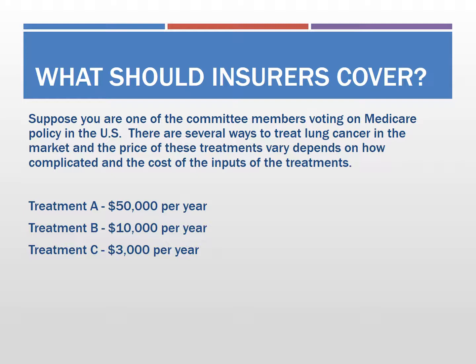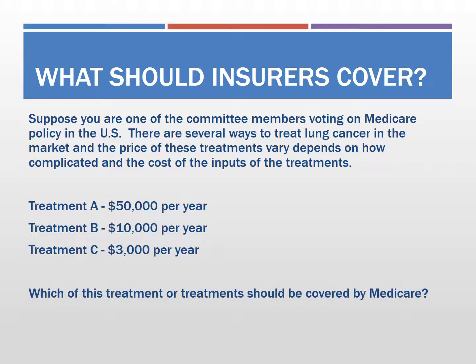Let's suppose we have three different types of treatment: treatment A, B, and C. The cost for the treatments is the following: $50,000 per year for treatment A, $10,000 per year for treatment B, and $3,000 per year for C.